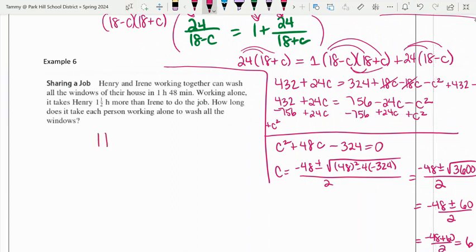Well, we know we have Henry plus Irene to get one job done. And if they're working together, they can get the job done in 1 hour and 48 minutes. But we know Henry working alone can take 1.5 hours more than Irene to do the job.